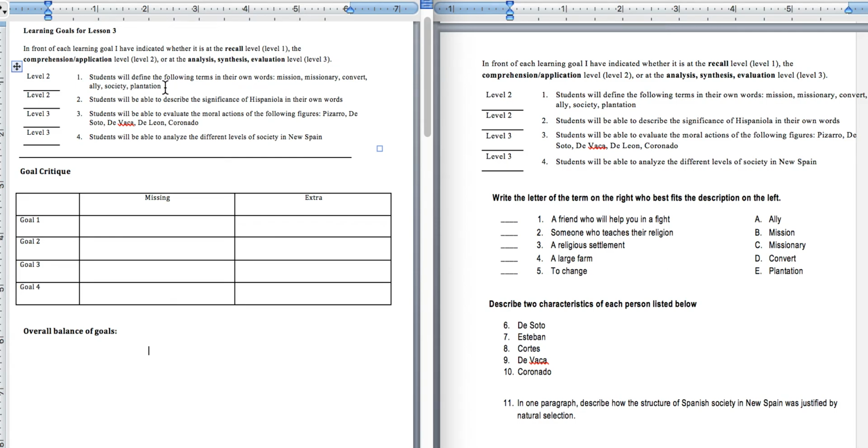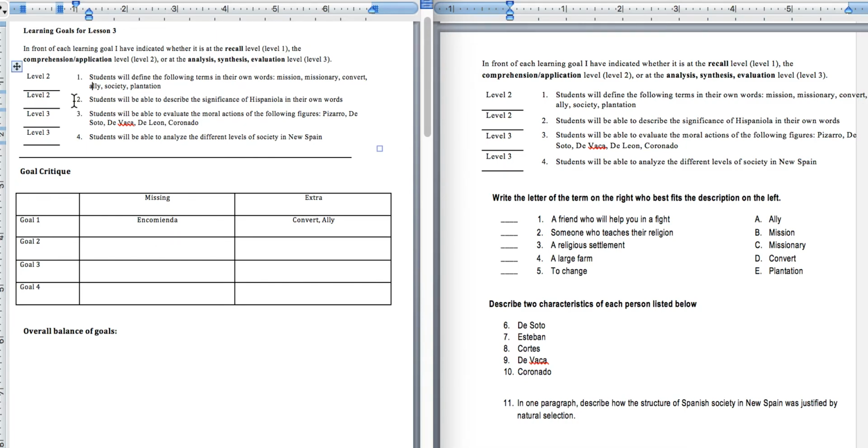When I look in my Lesson 3 materials for social studies, I find that encomienda is a major term that is bolded on the first page. And I also find that convert and ally are not part of Lesson 3, actually. Convert and ally are parts of Lesson 2.